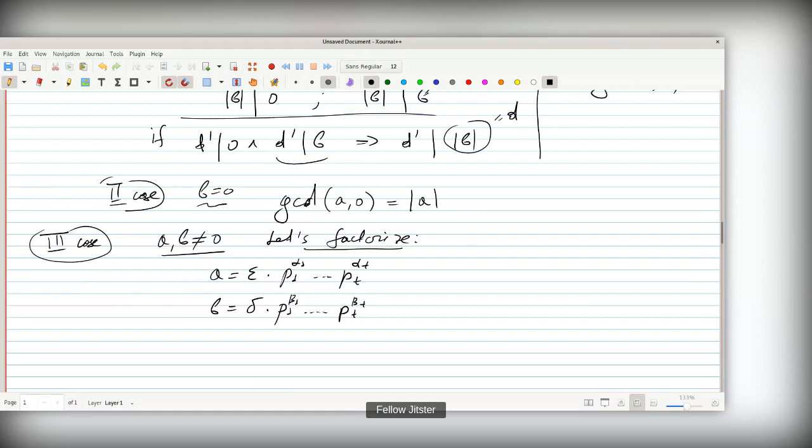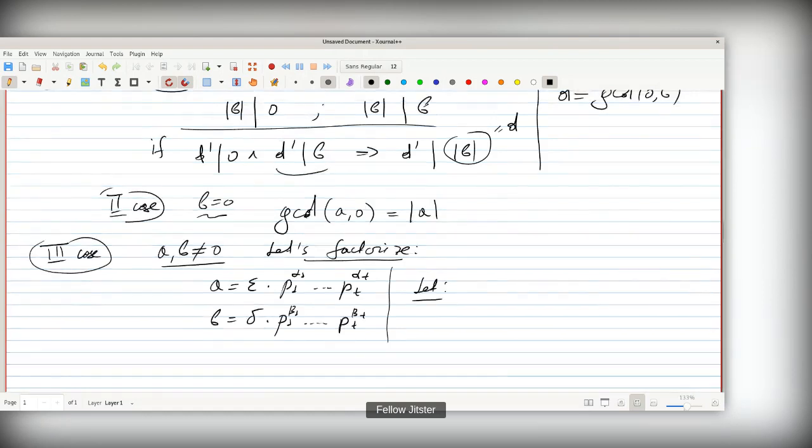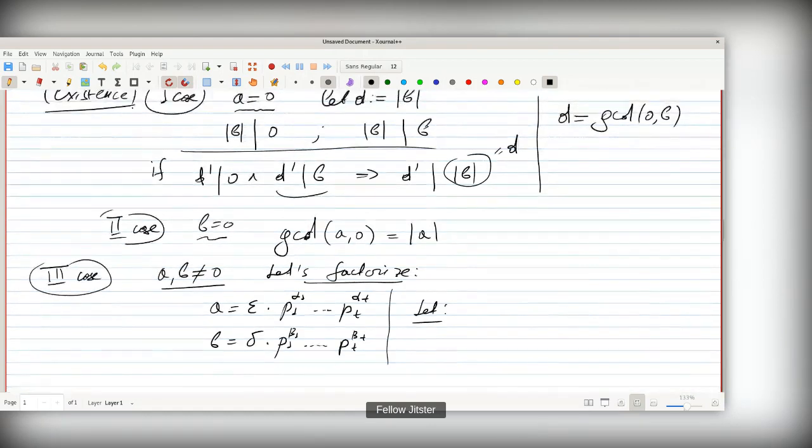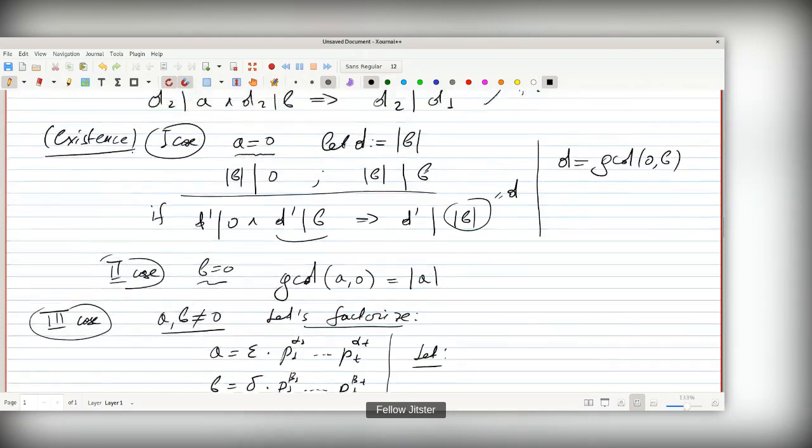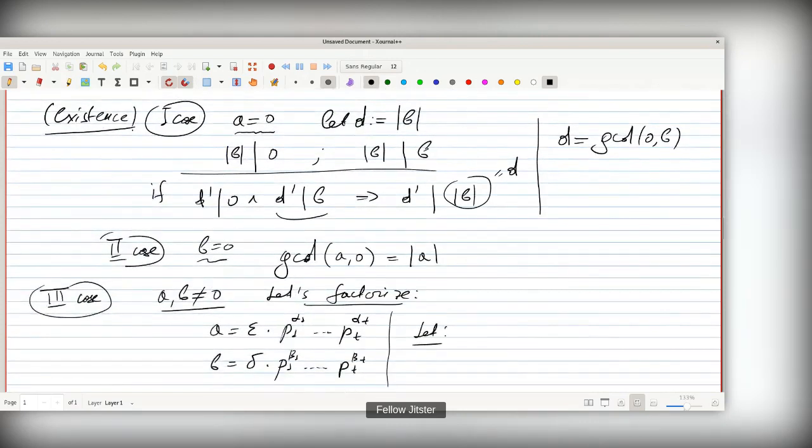What's next? Now we want to construct our greatest common divisor. It is quite clear that this common divisor is not 0, so we can construct it using its factorization.